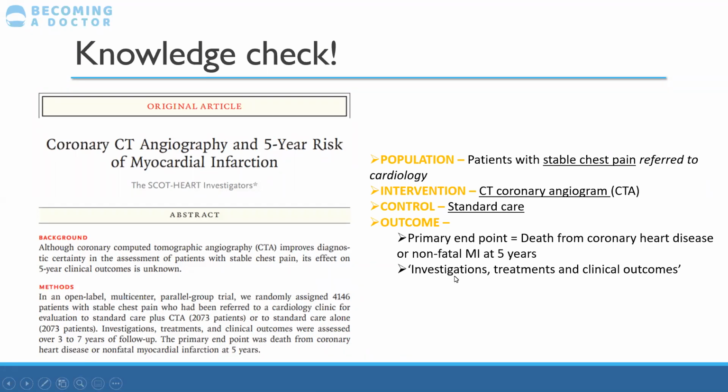And there are also smaller outcomes that are being measured along the way. It also mentions investigations, treatments, and clinical outcomes were assessed over the time of follow-up. So there are various different outcomes that are being assessed here.